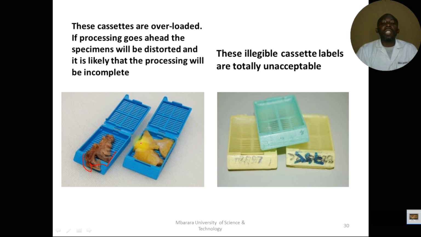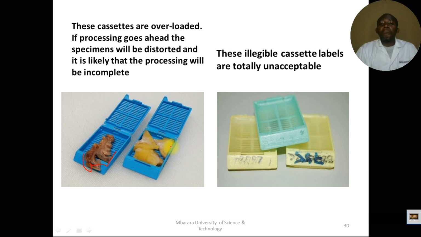The orientation of this tissue is also not right. We are seeing one pointing one side, the other one pointing another, and one lying on top of the other. Again, there are many in a small cassette, and the cassette may not take all of them and not cover properly. And when it is not covered properly, we can easily lose the tissue.